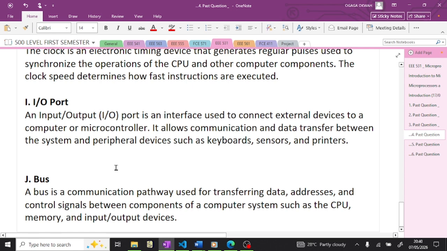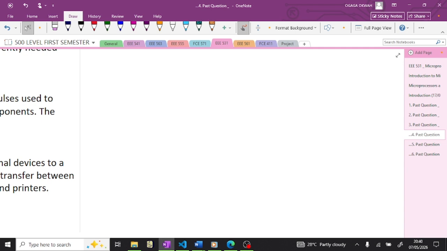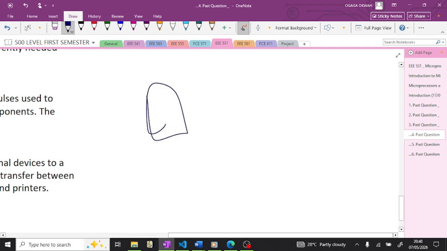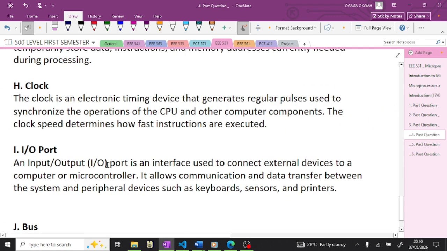Now, when you have one component here and another component here, there has to be conductors carrying electrical signals from one component to another. In electronics, on a printed circuit board, these conductors are just like lines. Those lines are referred to as buses. Are we together now?